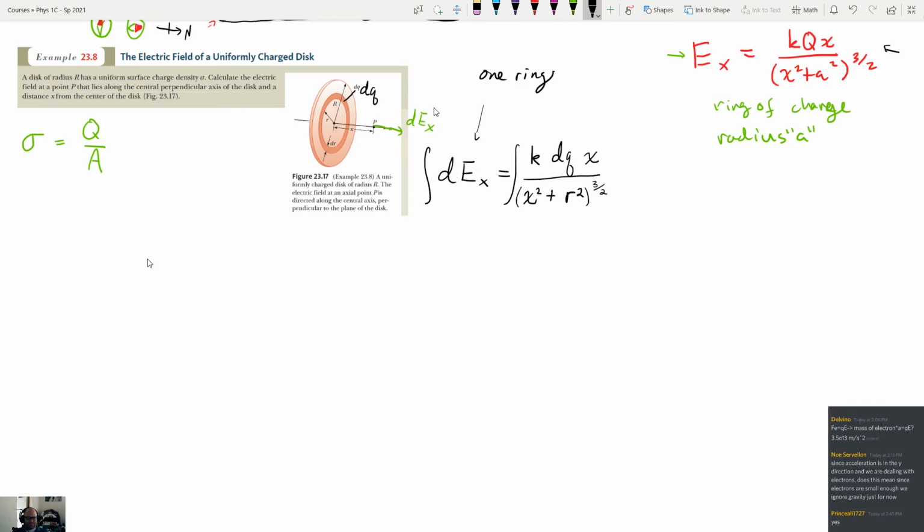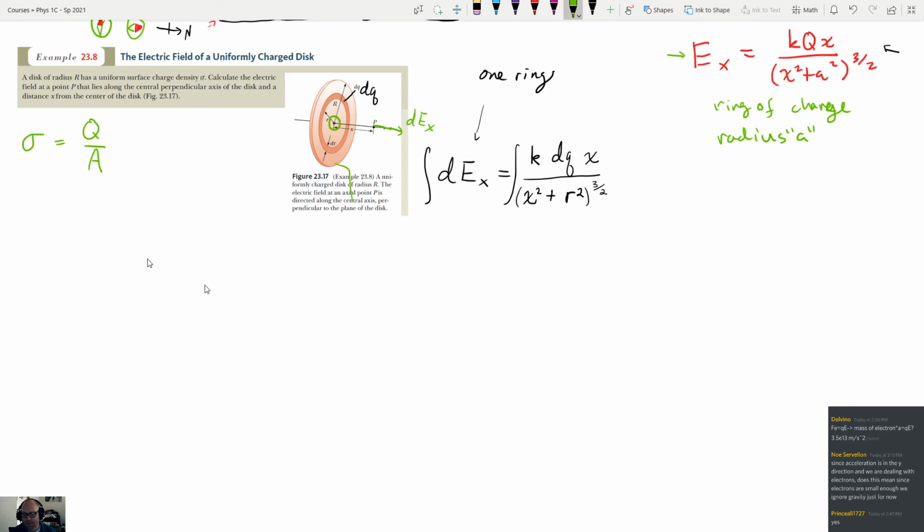To make that more clear, suppose I take a smaller ring. It's going to contain an amount of charge that we call dq as well, but it's probably less, right? In both cases we're talking about rings that are infinitesimally small, but certainly a smaller ring probably has less charge in it, right? So somehow the amount of charge contained within a ring is a function of the radius, and we need to figure it out.